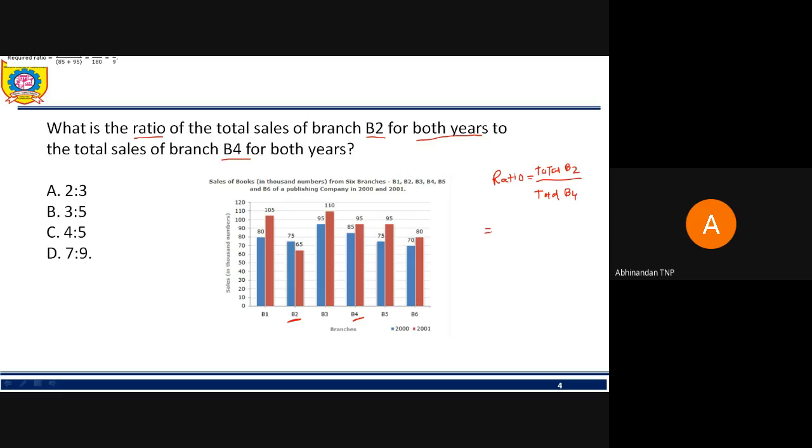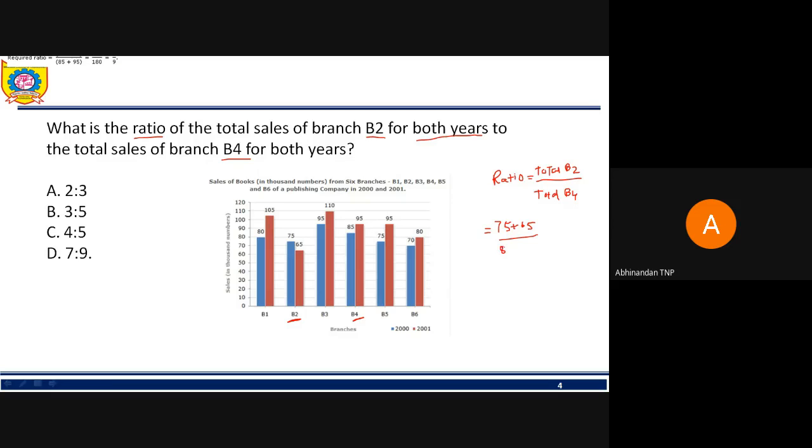So what is B2? B2 is 75 plus 65, divided by B4, which is 85 and 95.